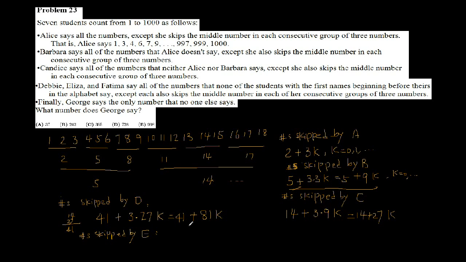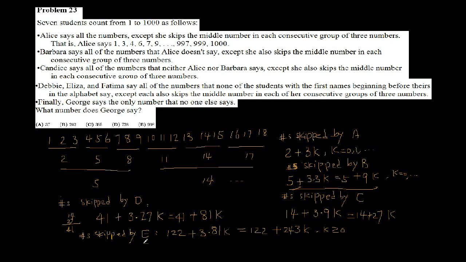So it would be 41 plus 81, which is 122, and again only a group of 3 skipped numbers by D will be skipped by E, so it's 81 times 3, that is 122 plus 243k. You can have different numbers here, but anyway, k is greater than or equal to 0.